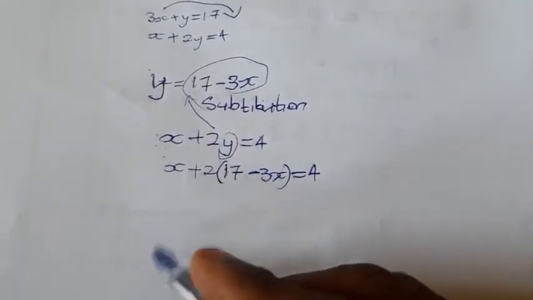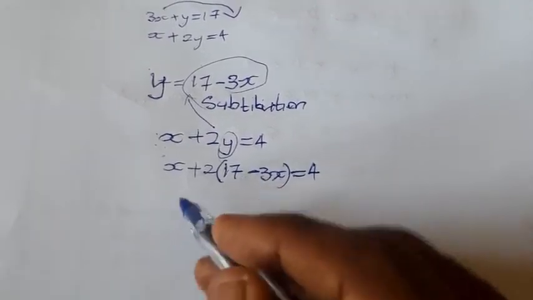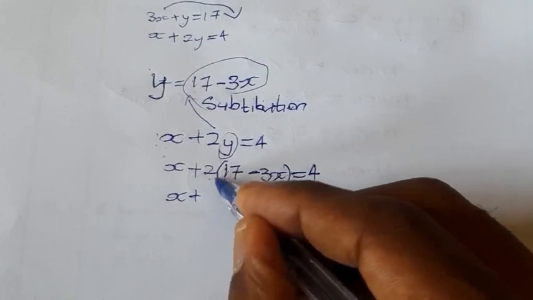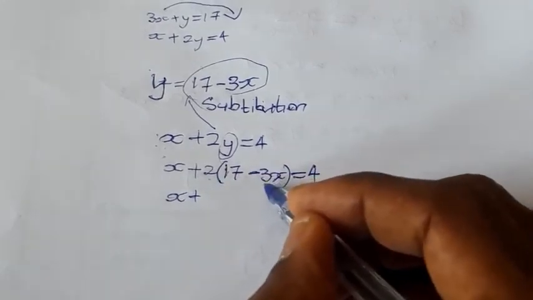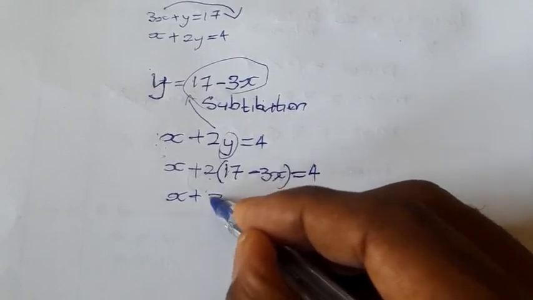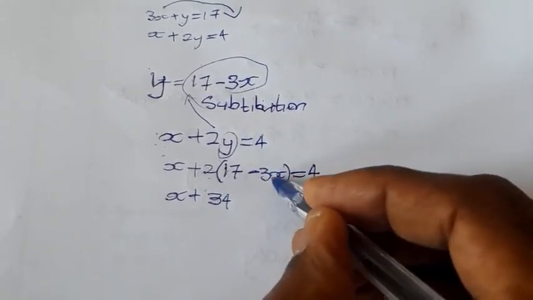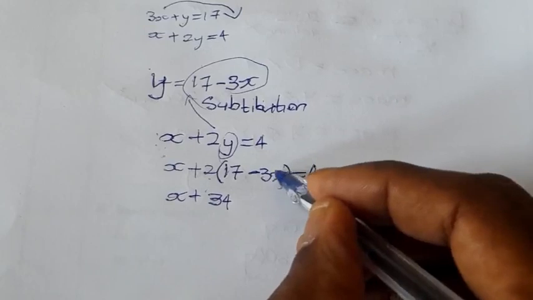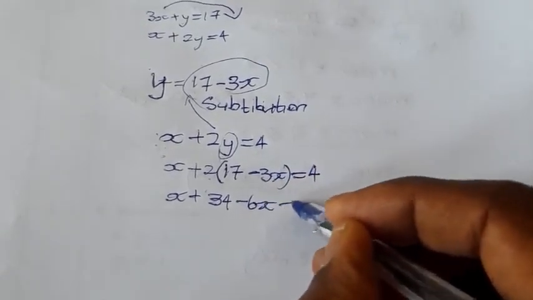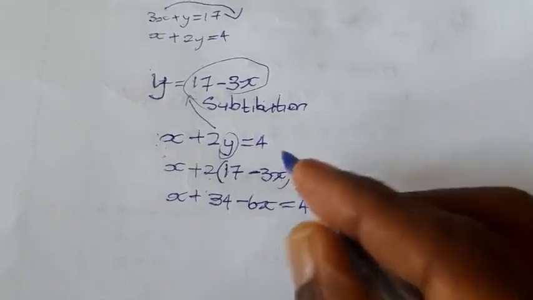Then it goes on. Anything outside the bracket multiplies everything inside the bracket. 2 times 17 gives us 34. 2 times negative 3x gives us negative 6x, is equals to 4.